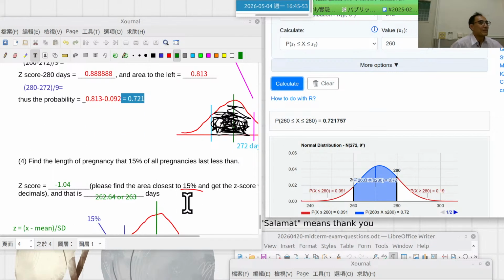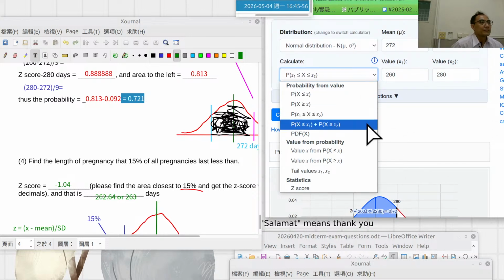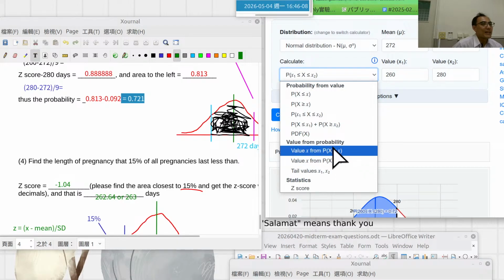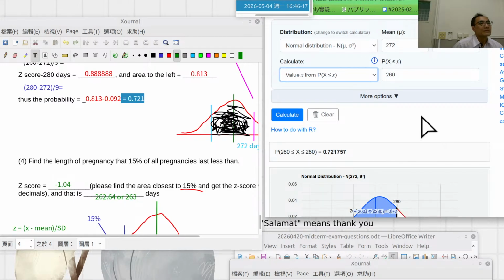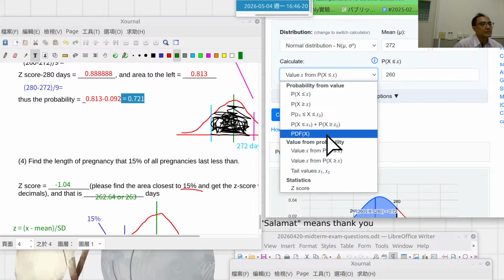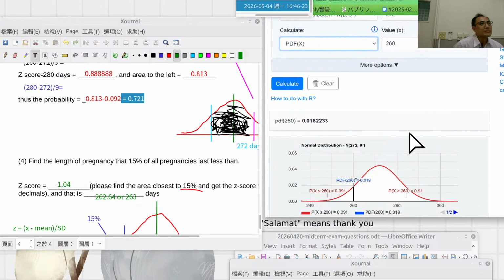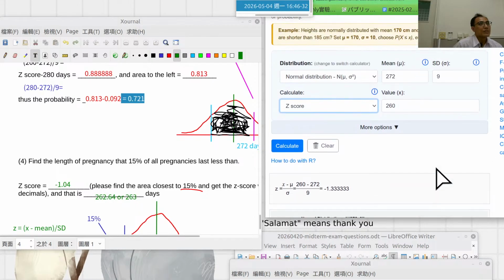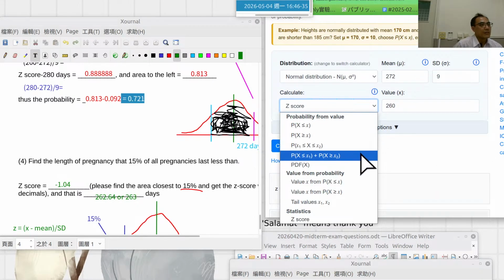How to find the value for 15% of the area? Value from the probability, I can use this.